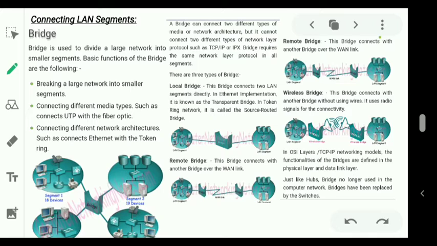To develop such communication, what do we require? We require different LAN connections, or you can say LAN segments. Two or more LANs are connected with each other using connection devices, intelligent devices.